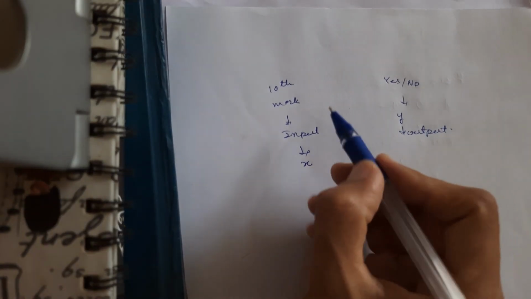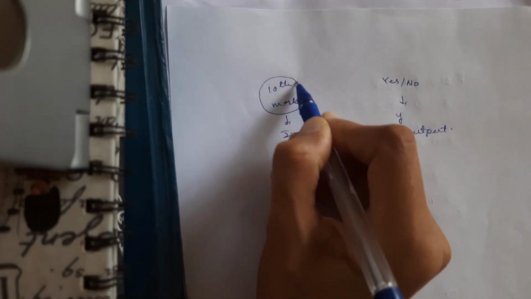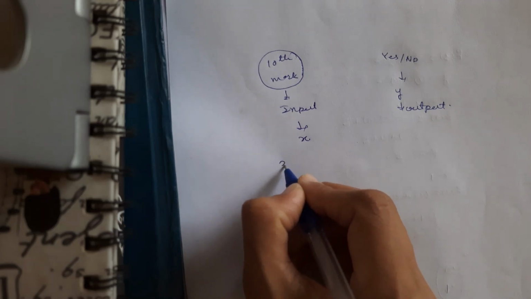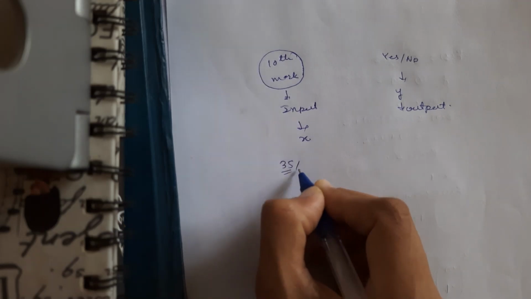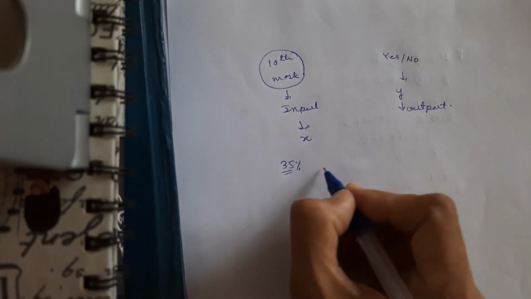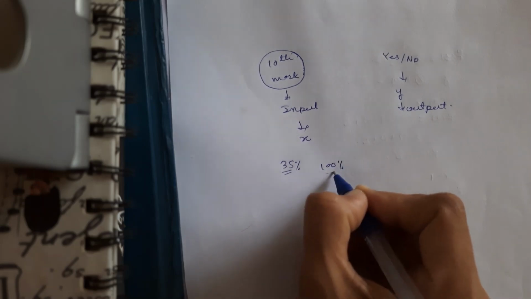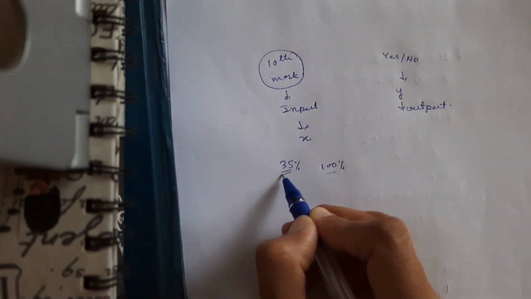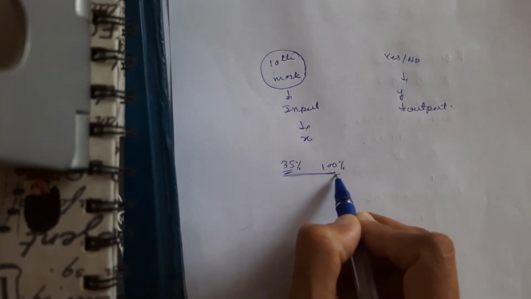In our earlier admission example. So in this case, now tell me one thing. If you are filling your 10th percentage, you cannot have a percentage less than 35% because you are fail, and you cannot have a percentage more than 100%, right?